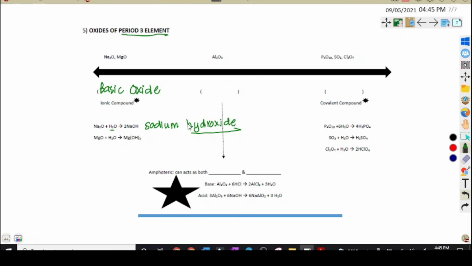This hydroxide, which is the OH minus, exists as a base, right? So sodium and magnesium will form basic oxide. Aluminium would form amphoteric oxide. What does amphoteric mean? It can act as both acid and base.